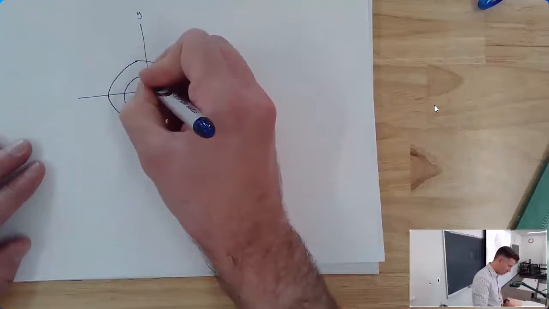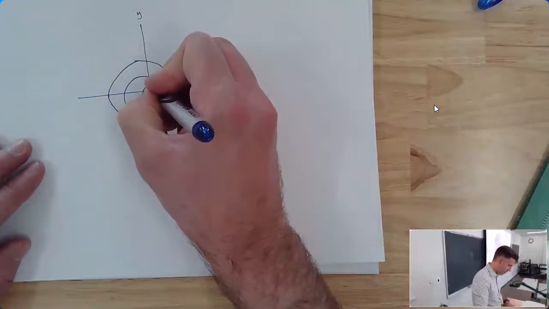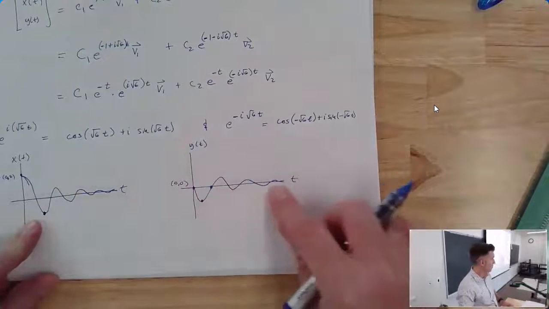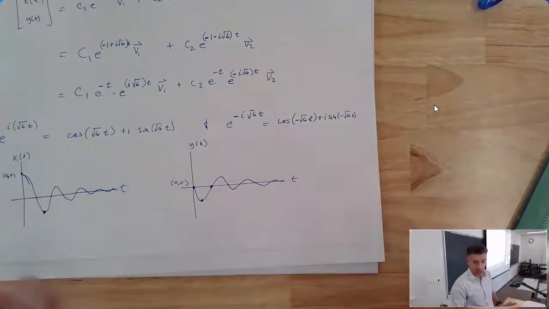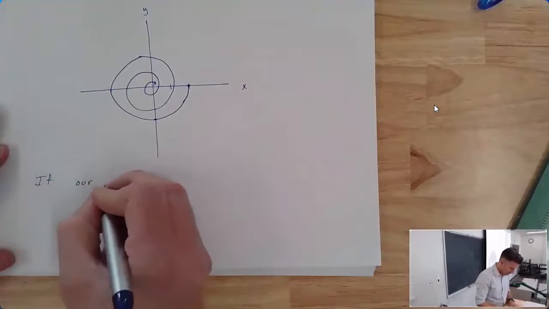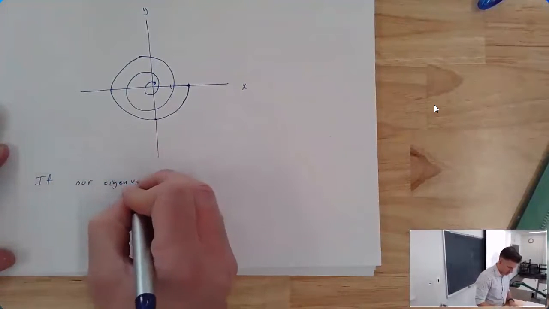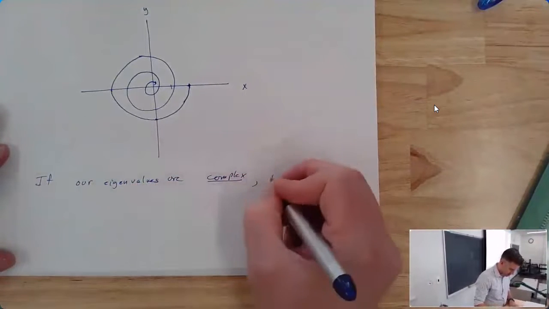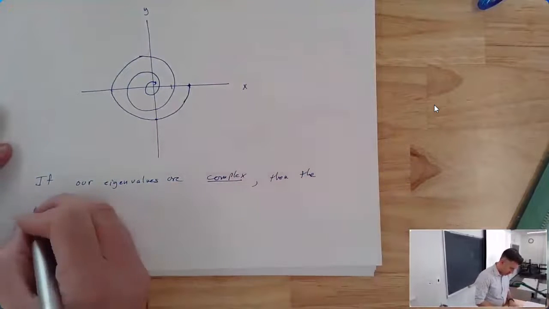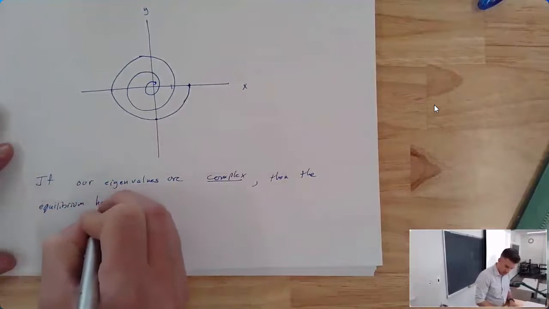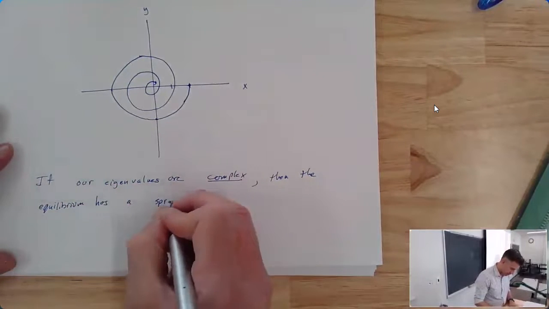And we know it's spiraling inwards because overall, the distance that our values are from 0 is getting smaller and smaller. Okay, I know we've said a lot of stuff here. Here's the takeaway. If our eigenvalues are complex, then the equilibrium has a spiral behavior.